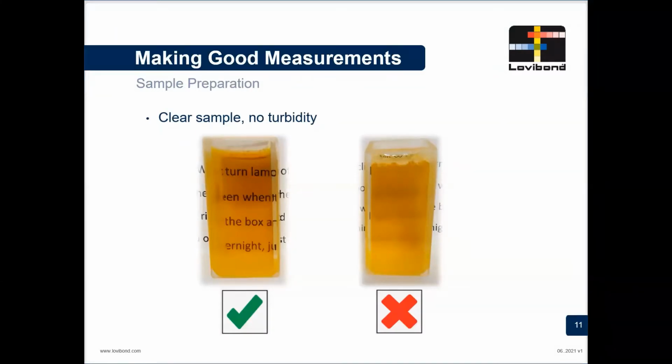All the electronic instrument sees is what it sees. So what we're looking for here is no turbidity, so no cloudiness in our sample. The best way to look at this is to look down the length of our sample. It may be some text or some writing. And if you can read that nice and clearly through our sample, we know we've got a nice clear sample and no turbidity.